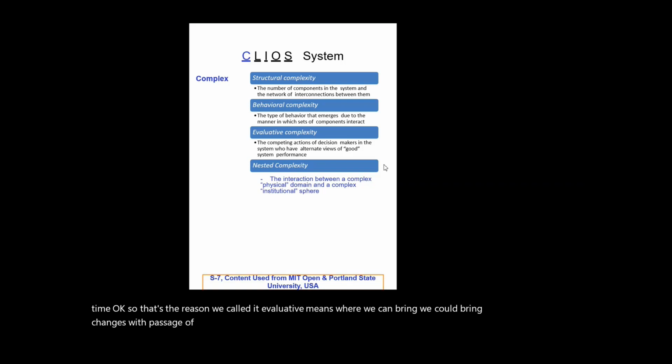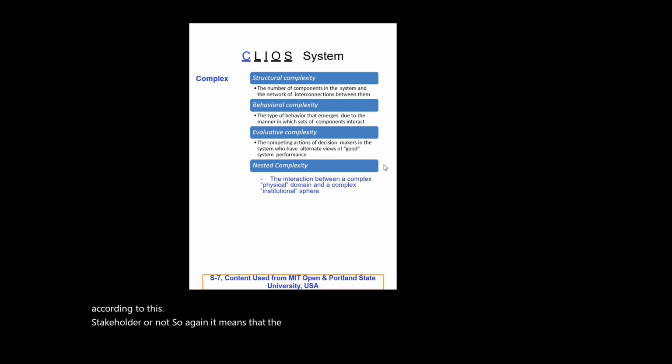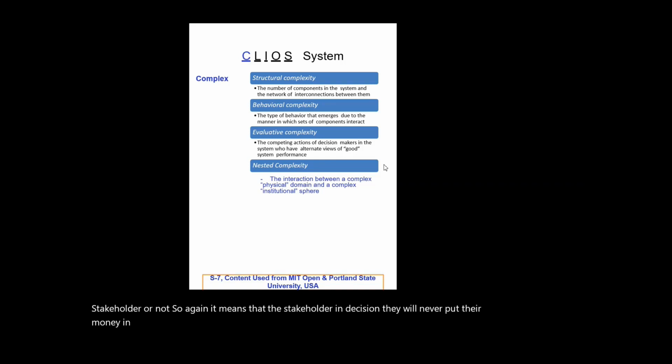Okay, so how we can solve different questions such as behavioral complexity, but again will be very hard to, for example, discuss whether we should decide according to the stakeholder or not. So again, that means that the stakeholders in decision, they will never put all their assets in, for example, if they are not getting their money back. So that's the reason we call it the evaluative complexity.